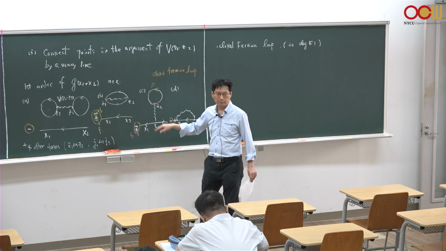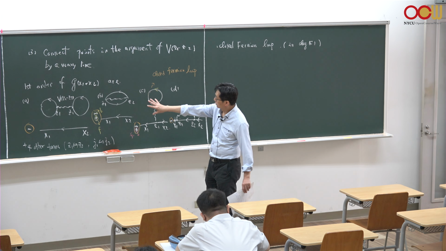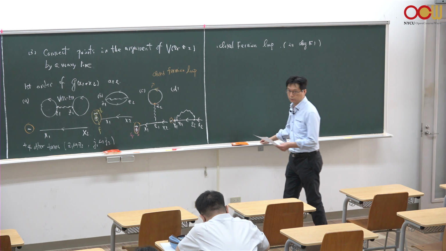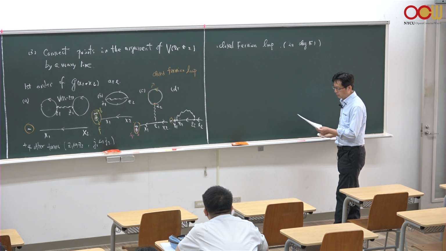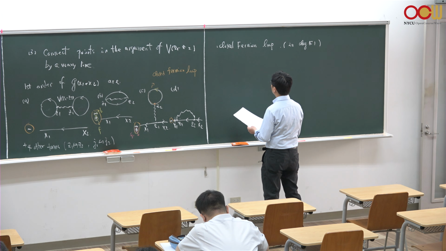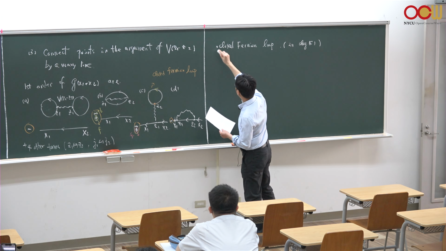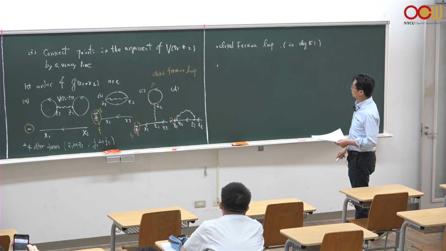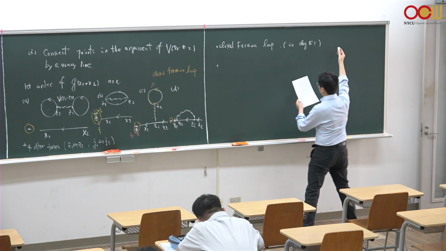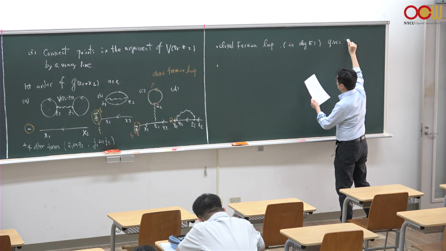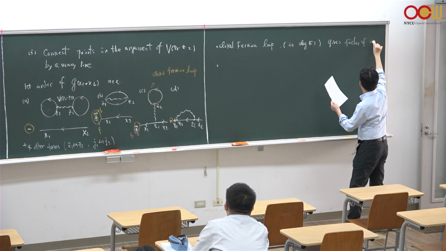So another -1 comes from when we do this Taylor expansion up to first order in perturbation. We will come back to this in just a moment. Okay, so this is one remark. We should pay attention to this closed fermion loop, and this gives a factor of -1.